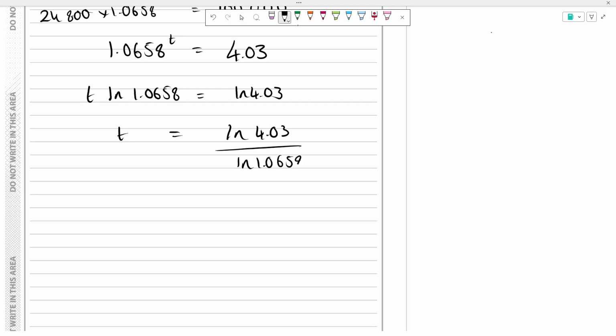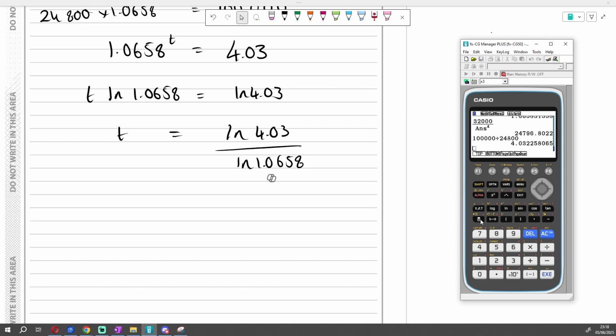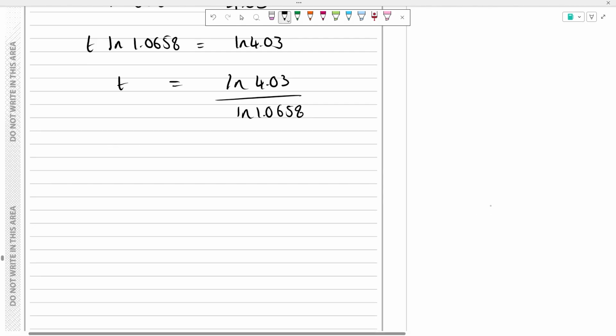There are multiple ways of doing this. You can use logs as well. So this will give me ln of answer, so I'm just going to try to keep it as exact as possible. ln divided by ln 1.0658, and that gives me 21.88. So t is equal to 21.9.